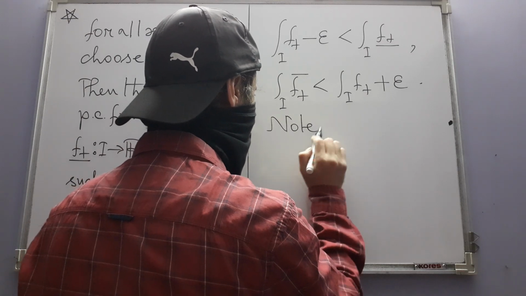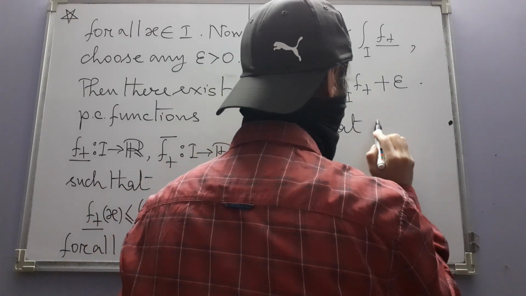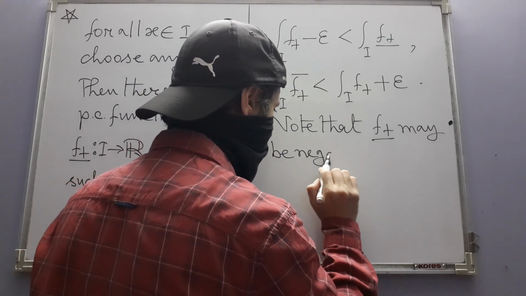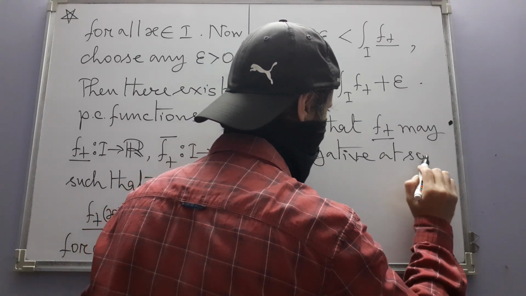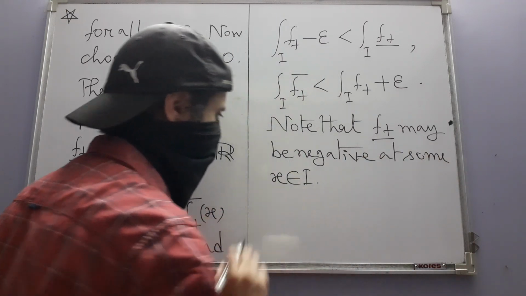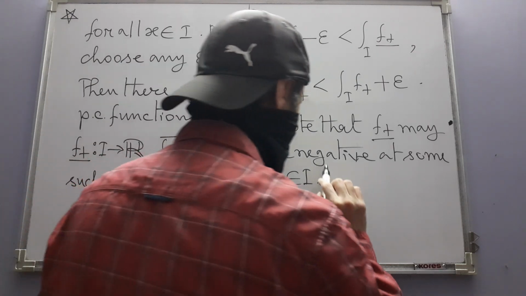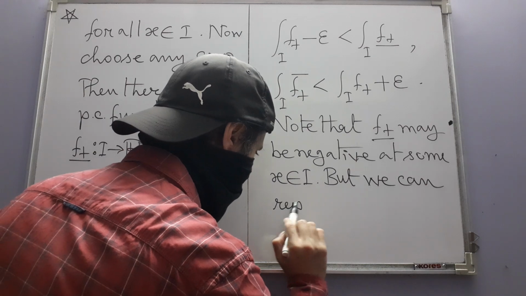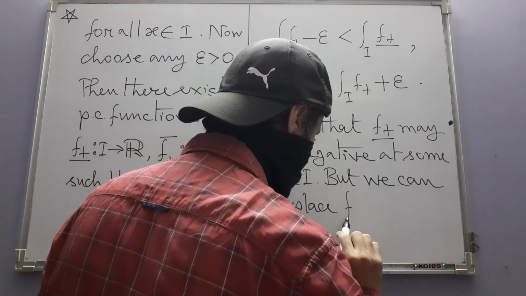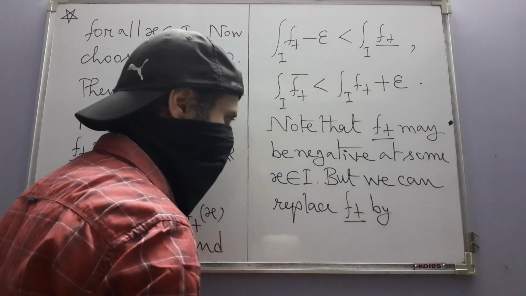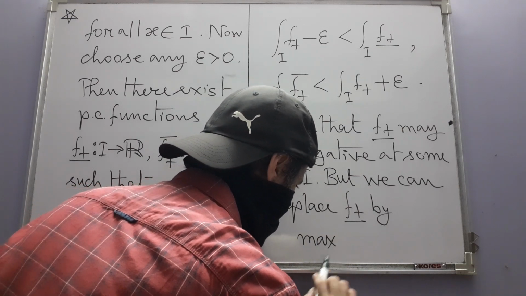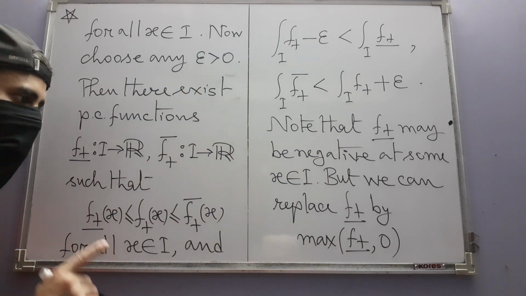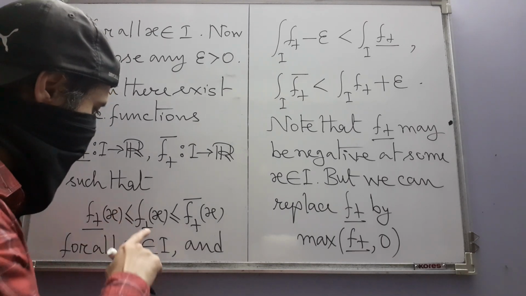Note that f plus underscore may be negative at some x in I. But we can replace f plus underscore by this function, the maximum of f plus underscore and 0, since this function is still piecewise constant and still minorizes f plus.